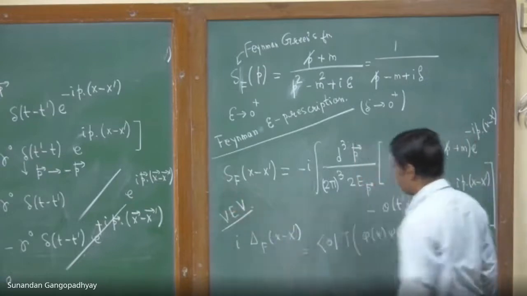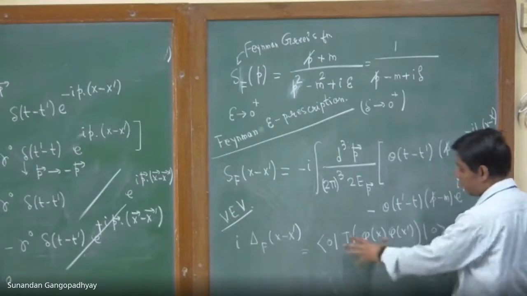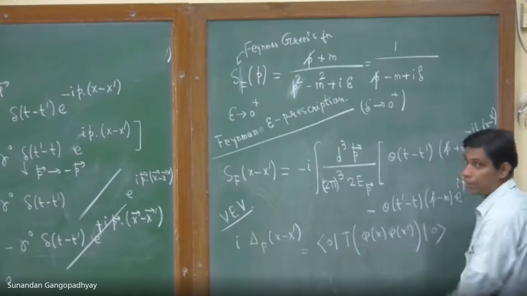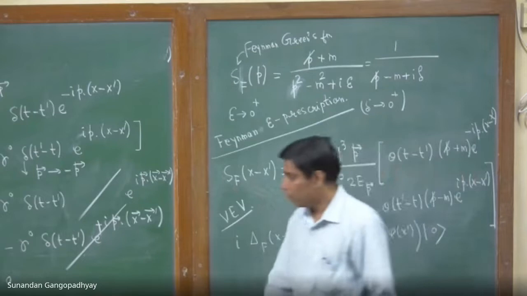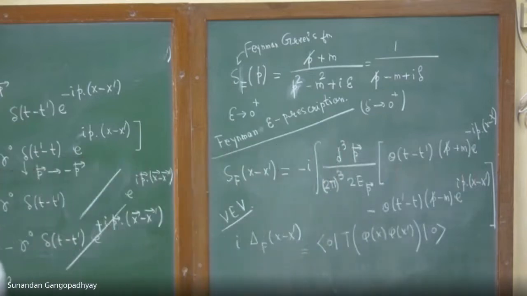This propagator should basically be the vacuum expectation value of the time order product of two fermionic fields here. But for that, what we need to define first is what is the time order product of two fermionic operators. So this is what we need to define. So we can actually remove this part.